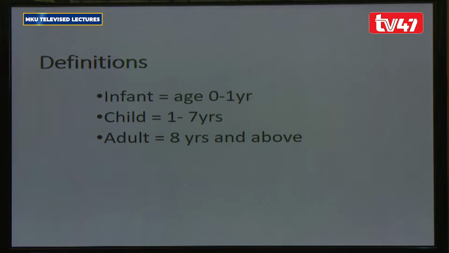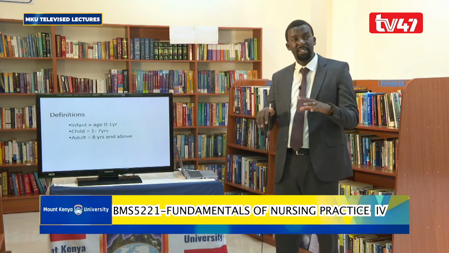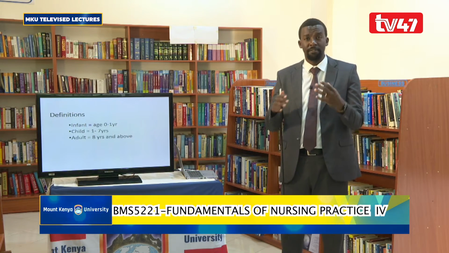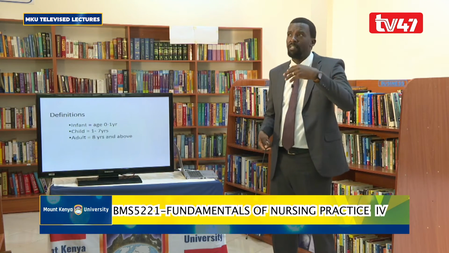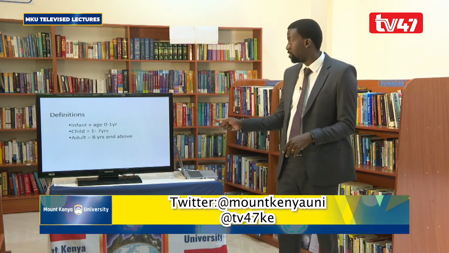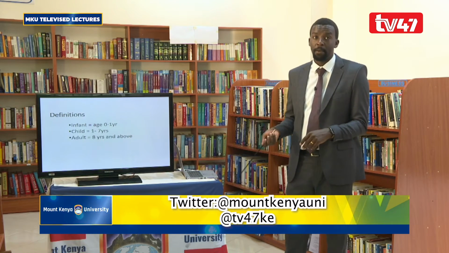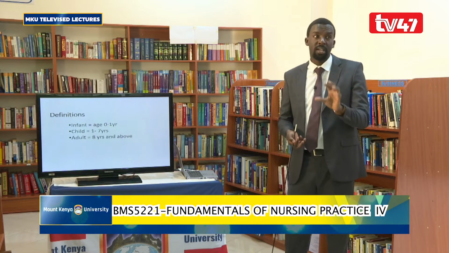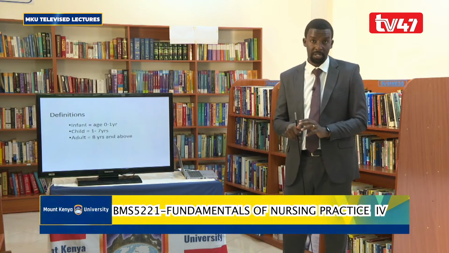For example, infants, anyone from 0 to 1 year, have specific difficulties, specific deficiencies that we need to focus on every time we think about first aid, basic life support for this age group. Then we have children, anyone from 1 year to 7 years. We have adults, 7 years and above. So today we are going to specifically look at adult basic life support.